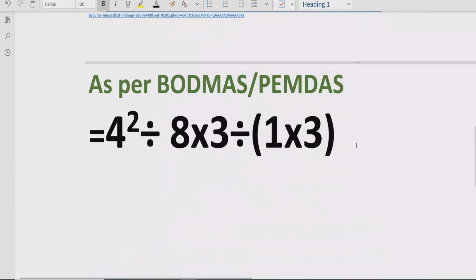According to the BODMAS and PEMDAS rule, first of all, we have to solve the bracket, which is this one, 3 multiplied by 1. So, first of all, we have to solve this bracket or parenthesis.